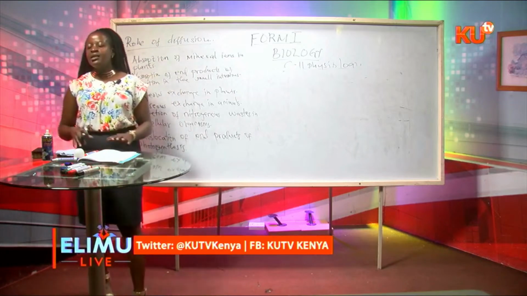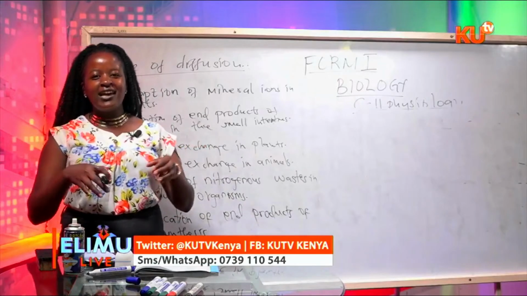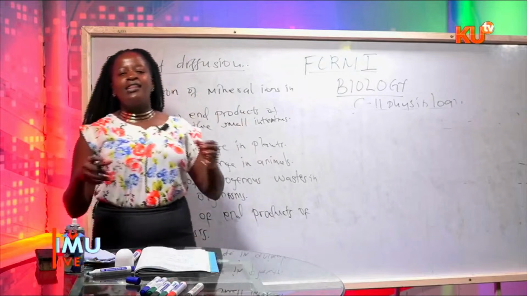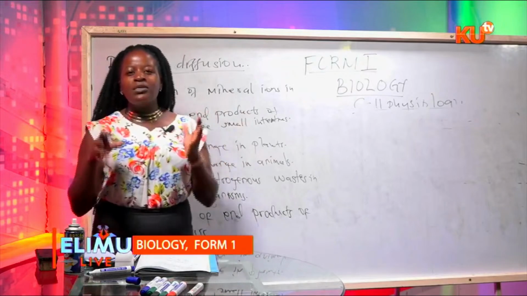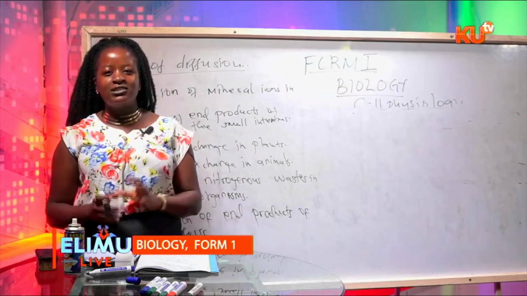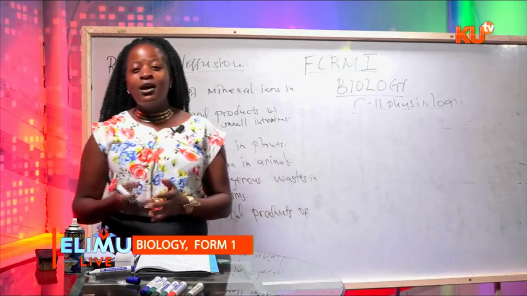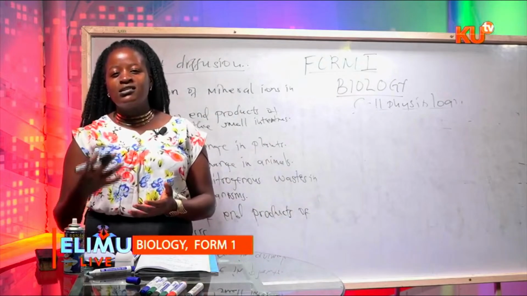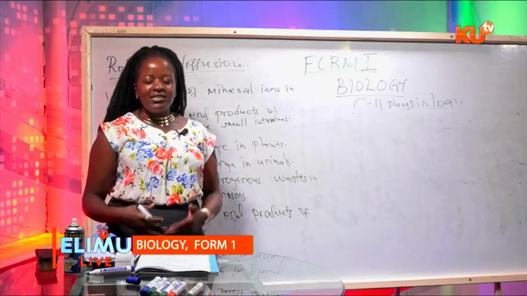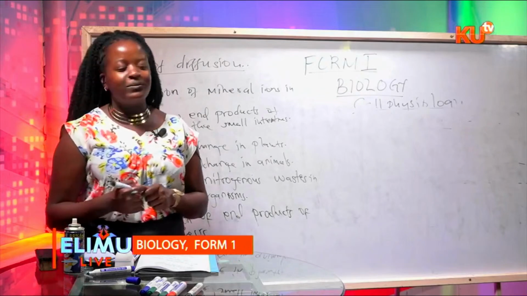So these mineral ions are in higher concentration inside the soil solution. So what happens? They will diffuse from the soil solution, which is their region of high concentration, and they will enter into the root hairs where they are lowly concentrated. These mineral ions will then be taken up by the plant and used in the body.